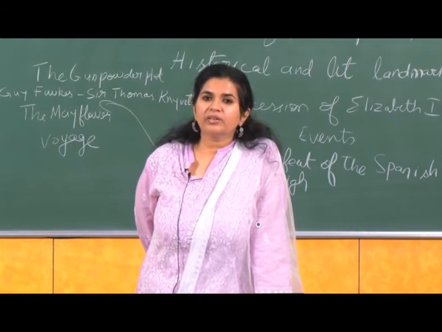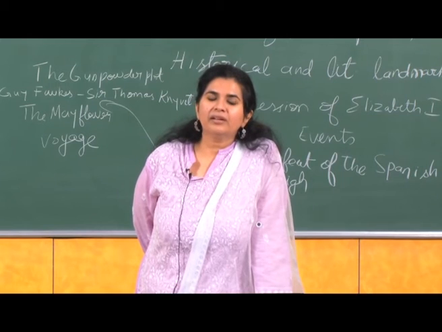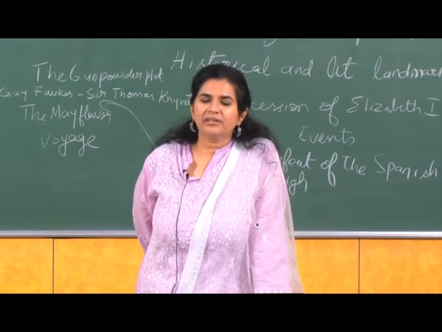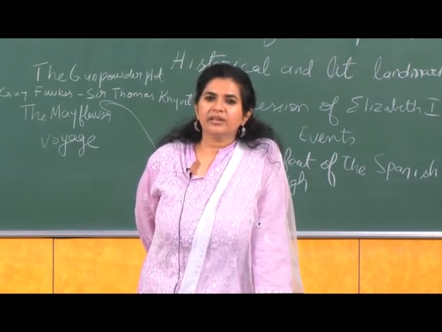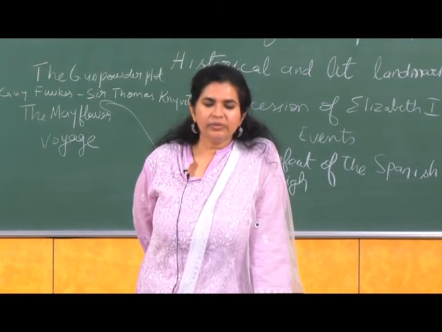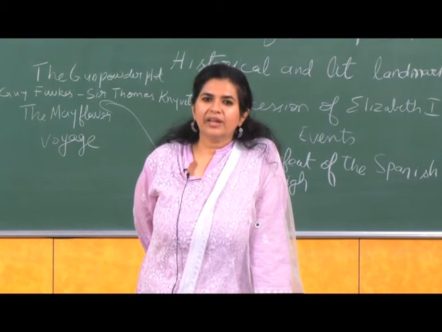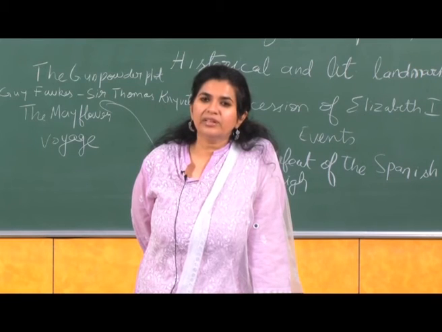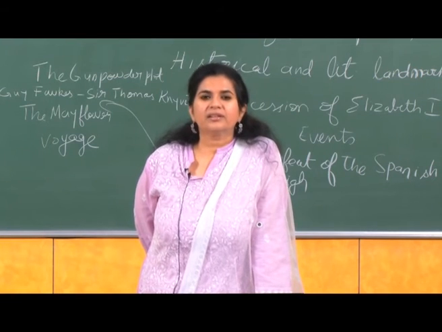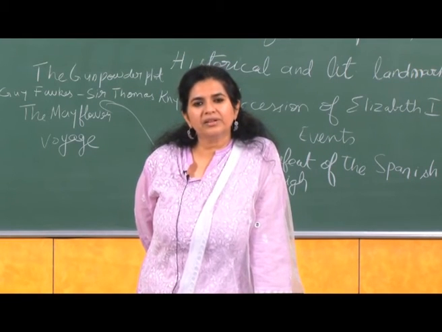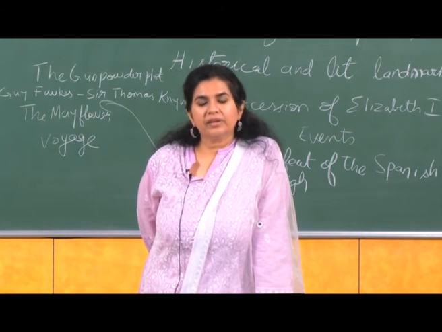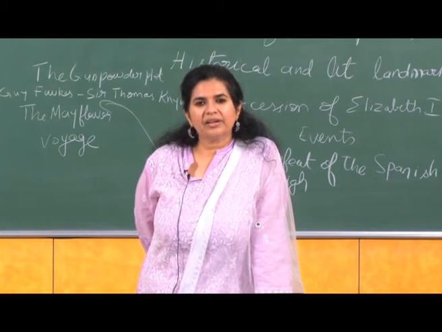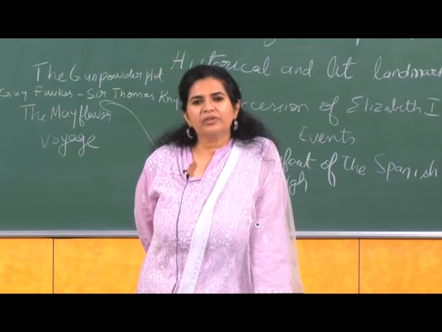However, because Henry wanted his marriage to Catherine nullified, he used the excuse that the marriage itself was illegal, because Catherine was the widow of his brother who died, Arthur, and I mean before he was crowned.